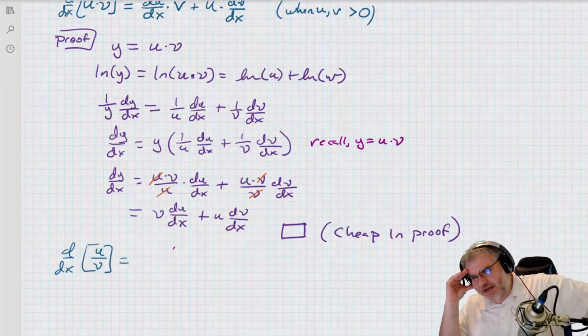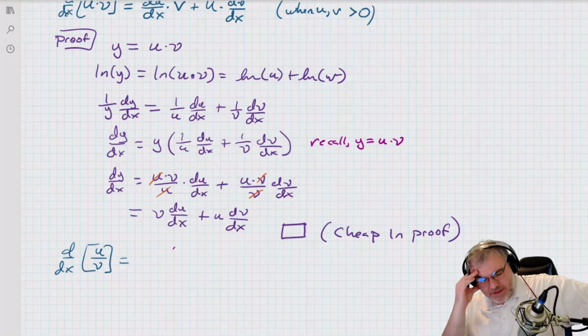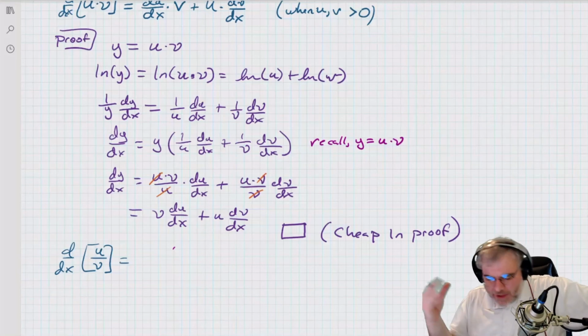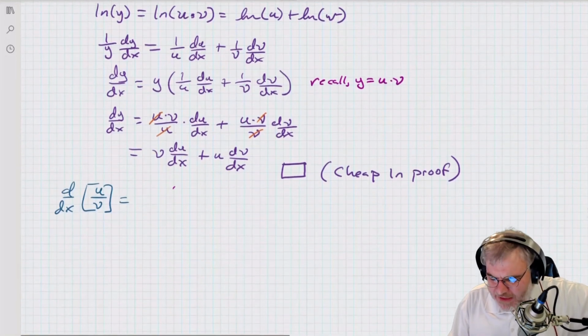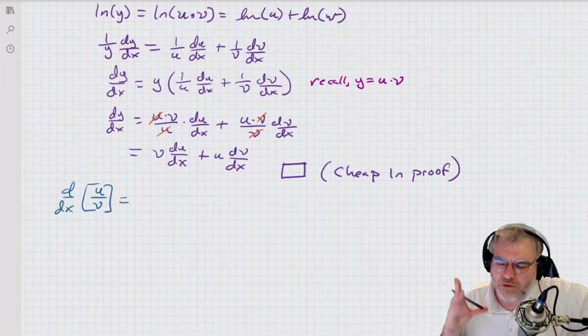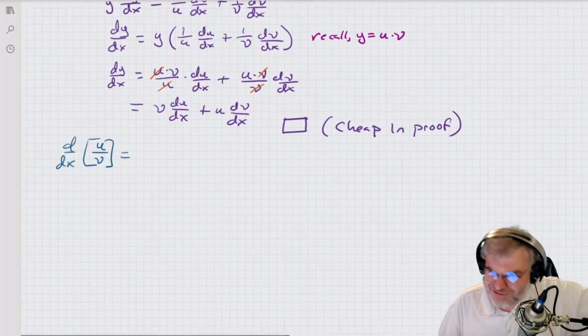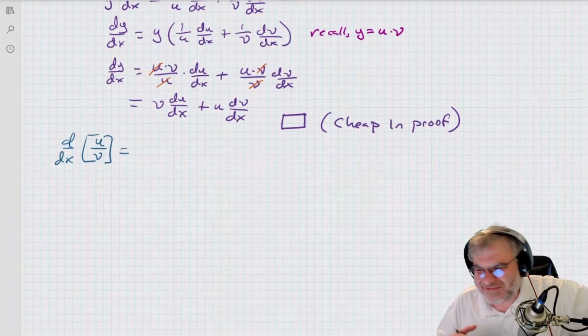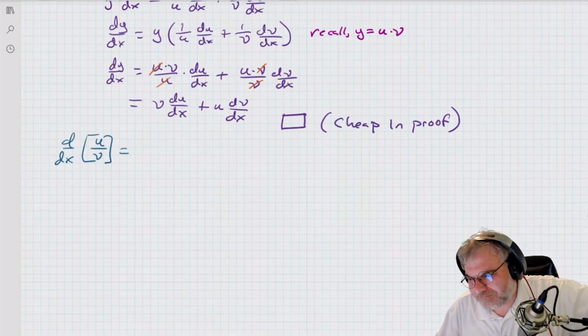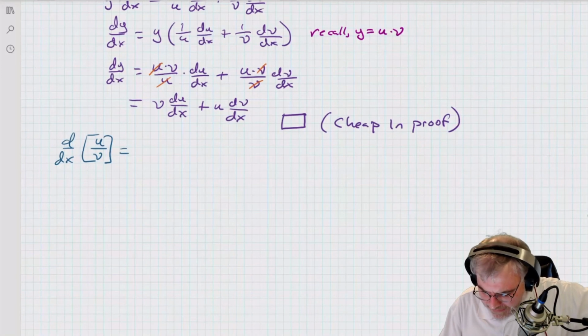I never remember this. How do I remember this? Well, I can't use this as a proof, but let's see if I can use it as a mnemonic tool. I don't remember which one came first, which one was second, where the minus went. Let's see if I can remember it with a little mnemonic device here.